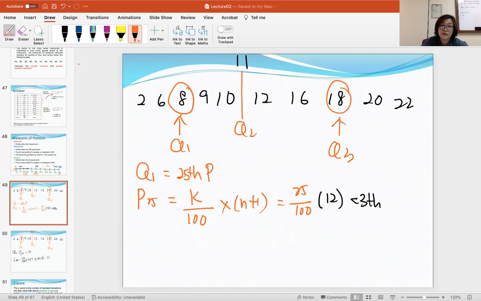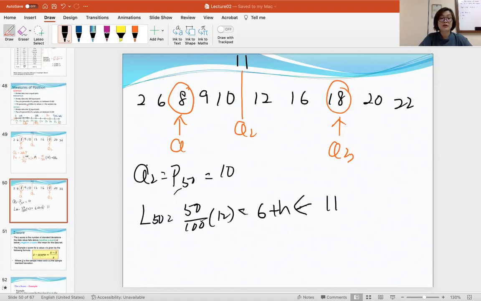In this part, I put in 25 because I'm looking at the 25th percentile. And I have 11 samples, so I have to add 1. So it becomes 12. And sort it out, the third one is my first quartile or 25th percentile.